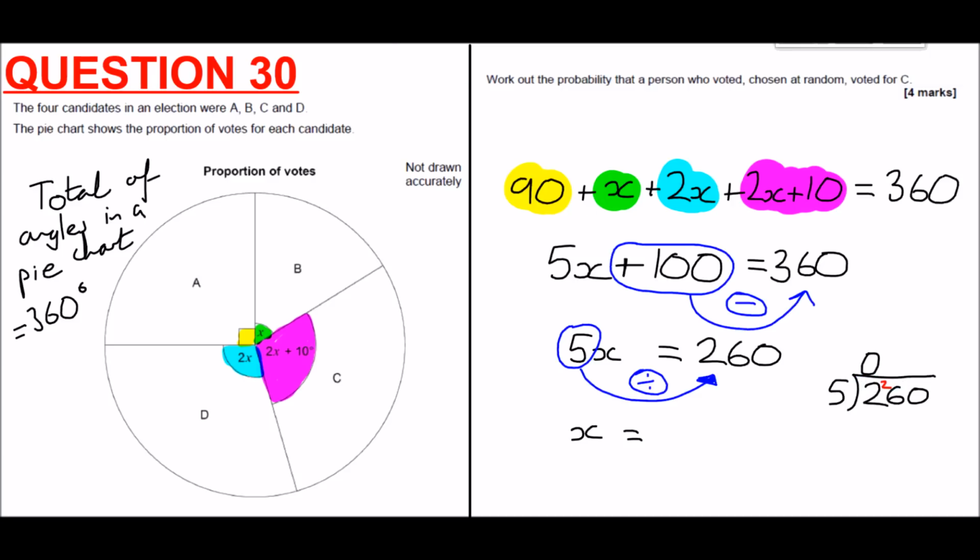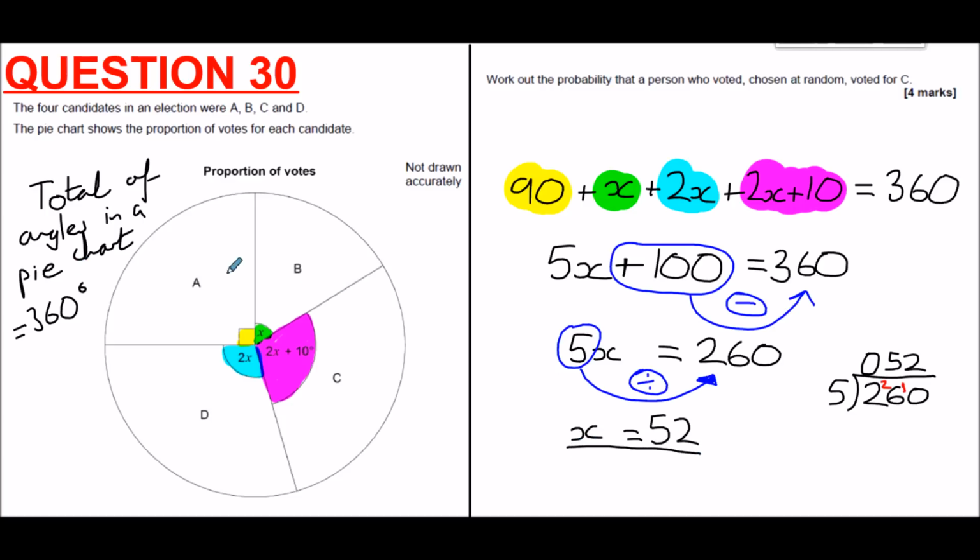Now 5's into 26, we can fit 5. 5 5's are 25, which is still 1 away from 26, and so the final remainder is 1. Now 5's into 10 goes 2, and so x will equal 52.